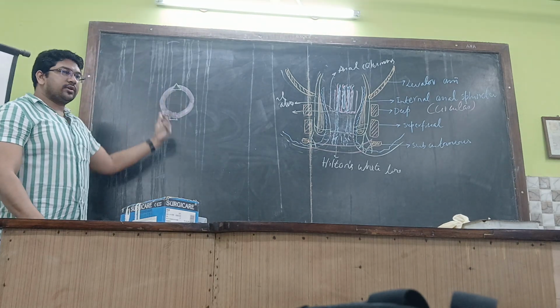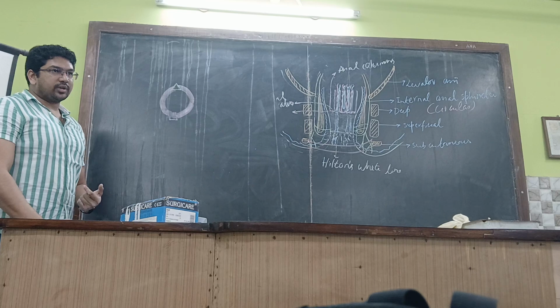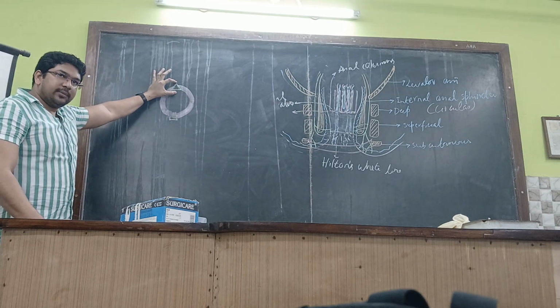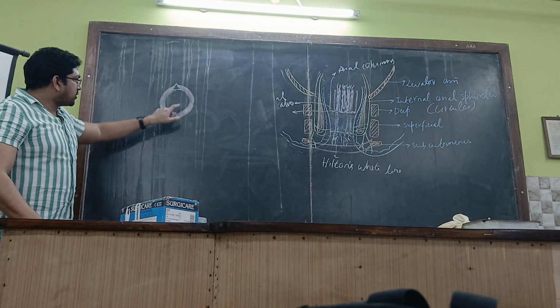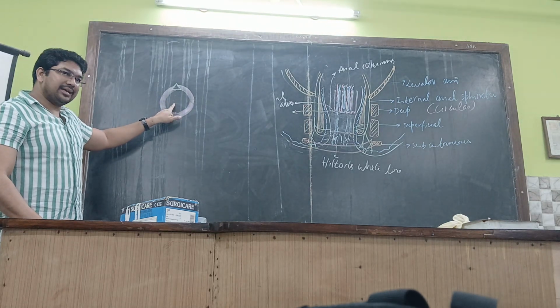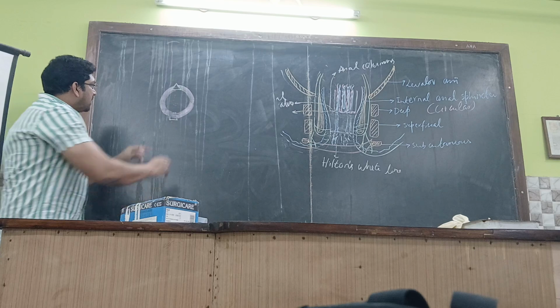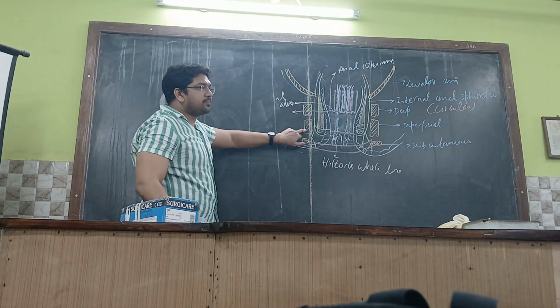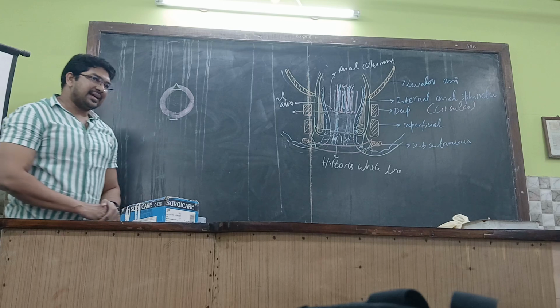Now we are focusing from below upwards, the perineal region. This is the coccyx, and this is the perineal body. In between the perineal body and the coccyx, this area is termed the anal orifice, or anal canal, you can take. So this is the middlemost part, that is nothing but the superficial part of the sphincter ani externus.